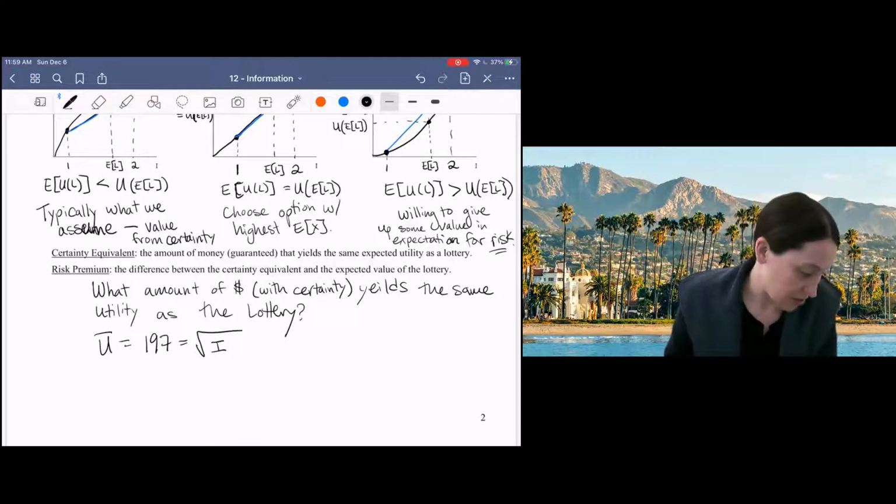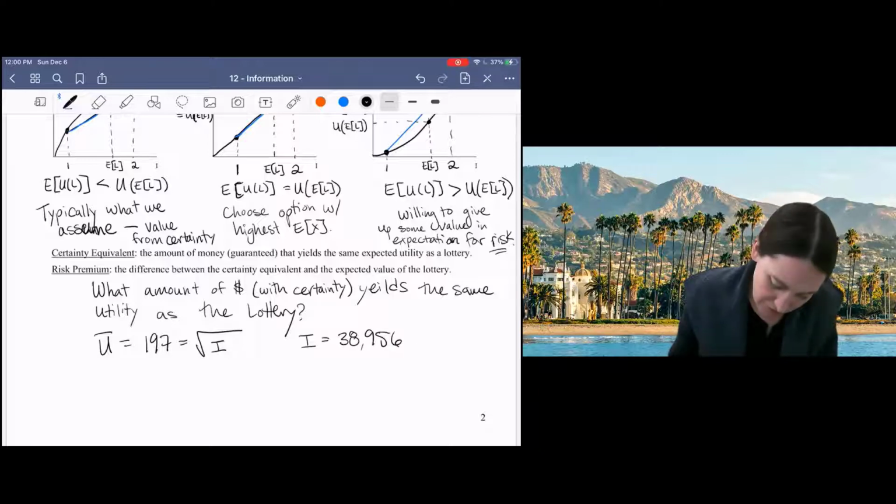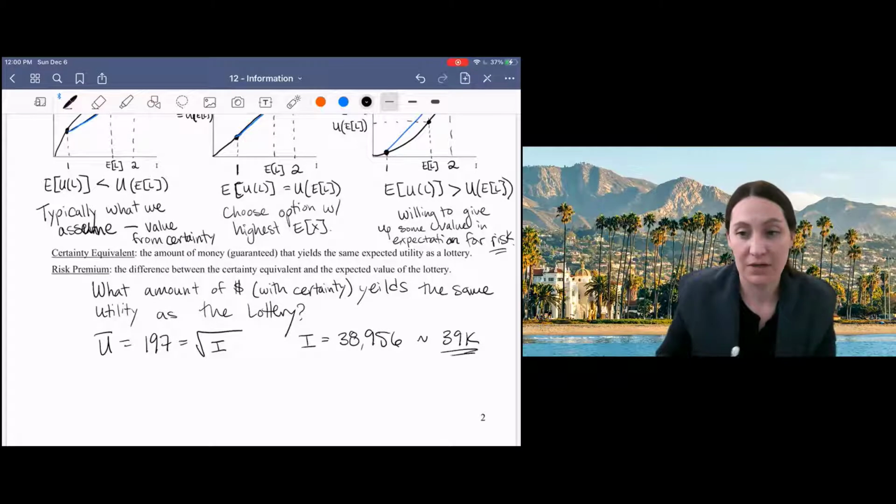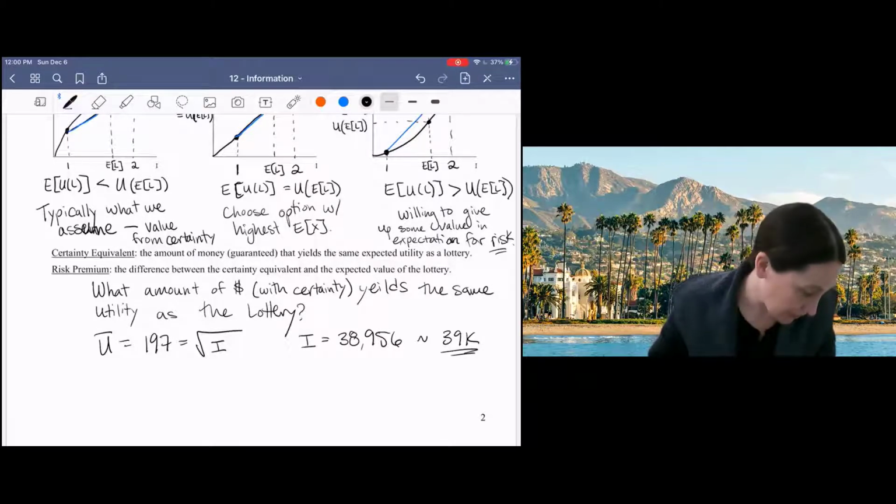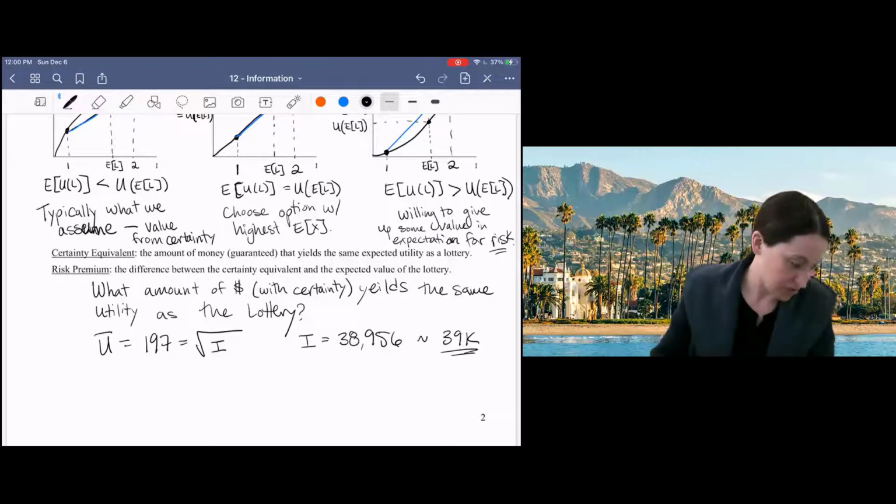And so we just need to solve for I in this equation, and we get that I is equal to about $39,000. I have done some rounding in the numbers I've written down in the problem, but yeah, we get basically $39,000.